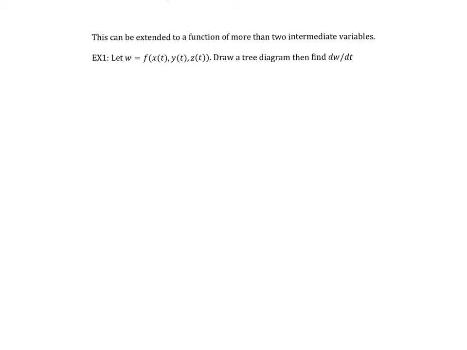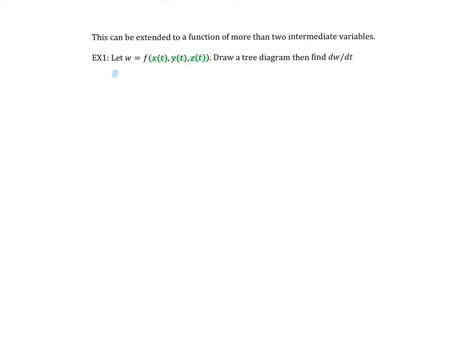So let's look at this first example. Let's say we have this function w. It's written in terms of x, y, and z. However, x is a function of t, y is a function of t, and z is a function of t. So we're going to draw a tree diagram and we're going to find dw/dt.